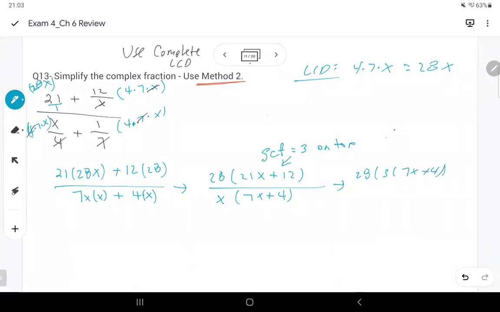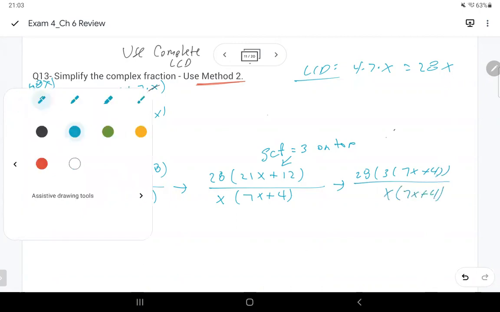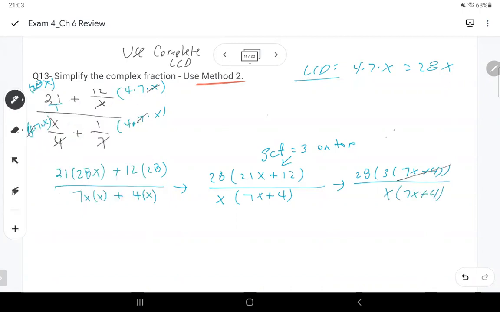You have to do this step on your test or you will not get the full answer.